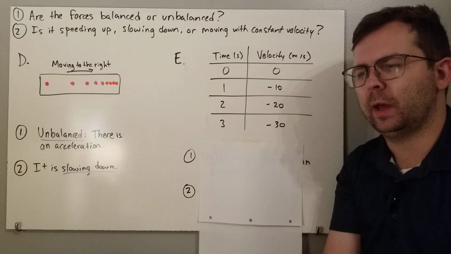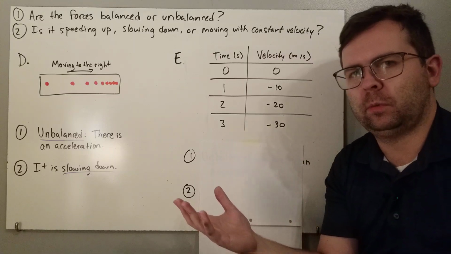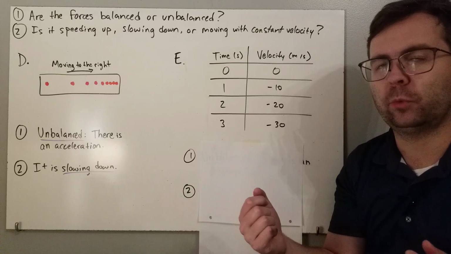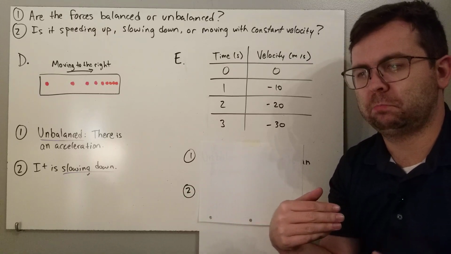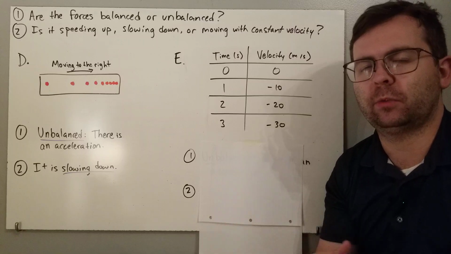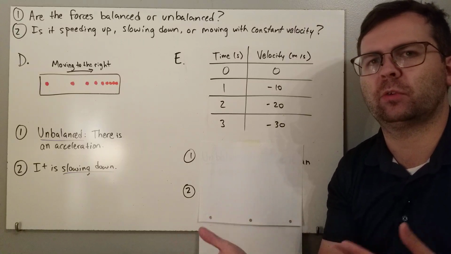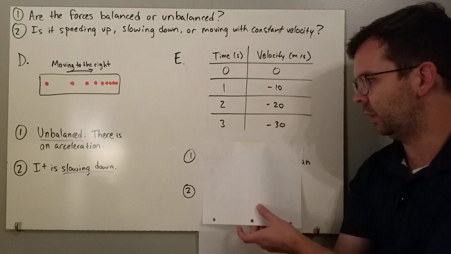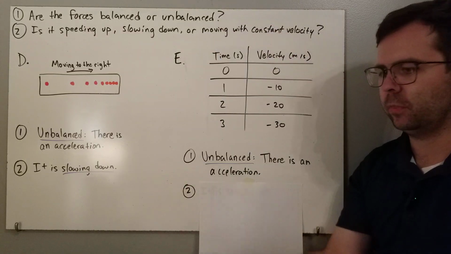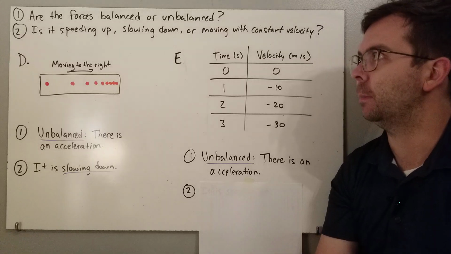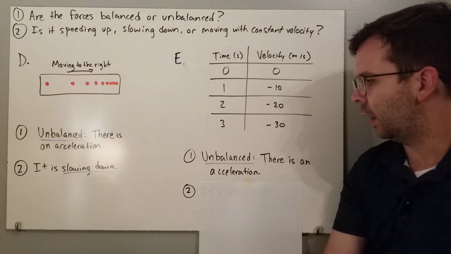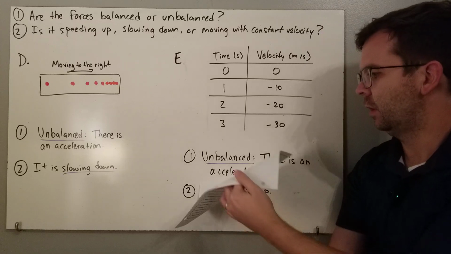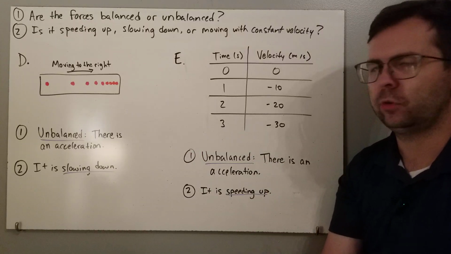Balanced means that all the forces even out, there's no acceleration, no change in velocity. Unbalanced would mean that the object is possibly speeding up or slowing down, somehow changing its velocity because you have some leftover amount of force. Here it does appear that the velocity is changing, so therefore the forces are unbalanced. And in this case, the velocity is getting faster, speeding up in the negative direction.